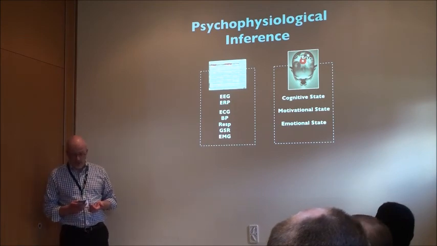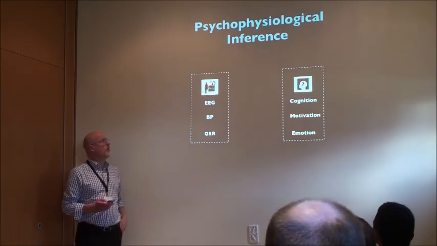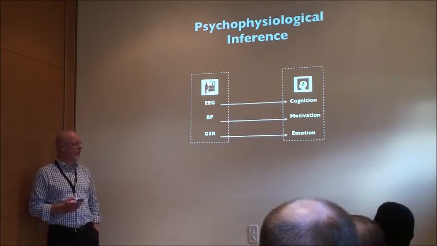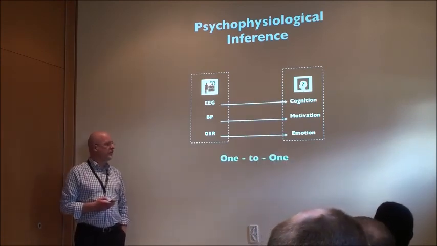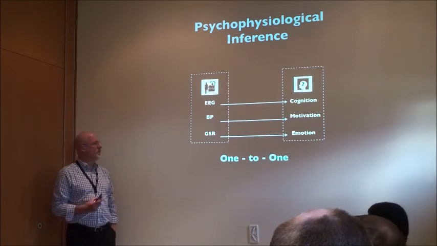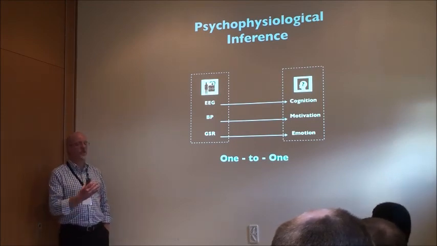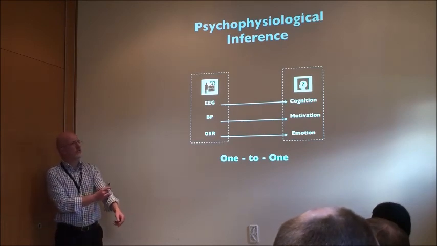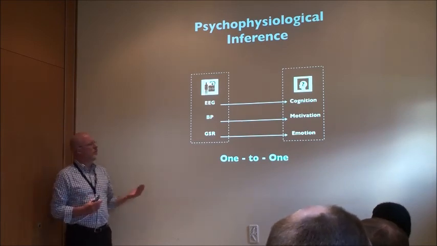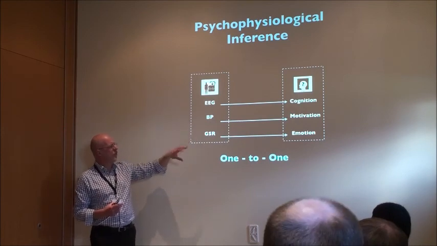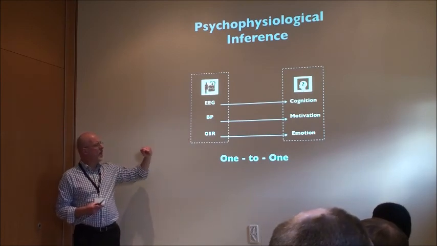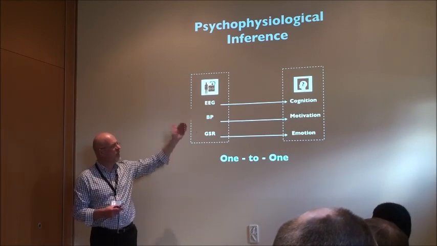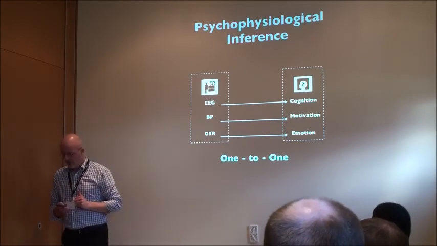Now, it would be wonderful if the relationship between these measures was what we call a one-to-one relationship, so that whenever you measure EEG, it always gives you cognition and nothing else. Often, certainly in some research that I see, people tend to treat these measures as kind of plug and play. They assume that if you're taking this measure, then you must be getting this aspect of the user's psychology.